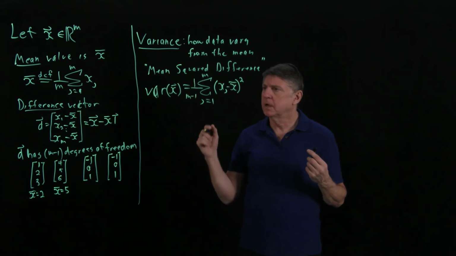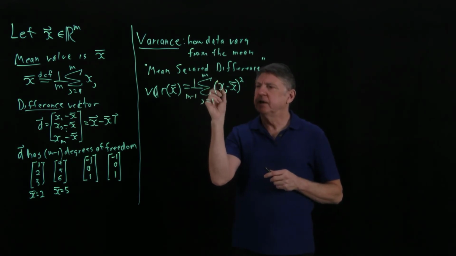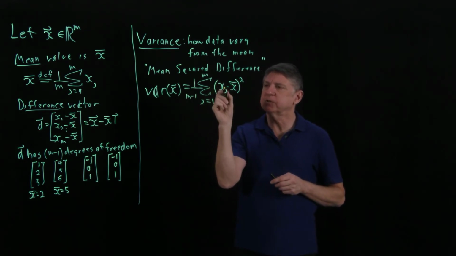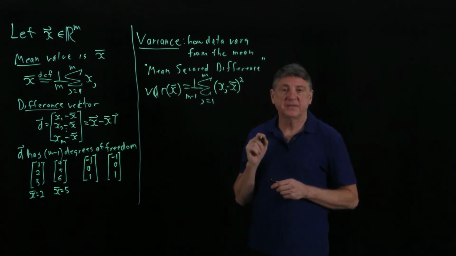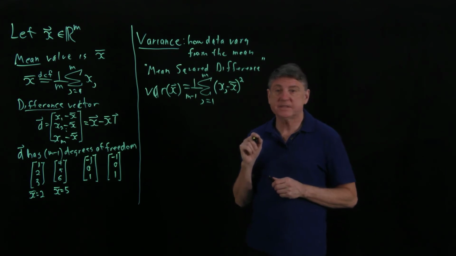Well, let's observe that when we have the sum of squares, we came across that already, that's the dot product of a vector with itself.